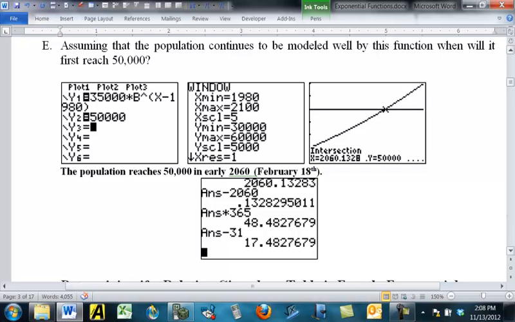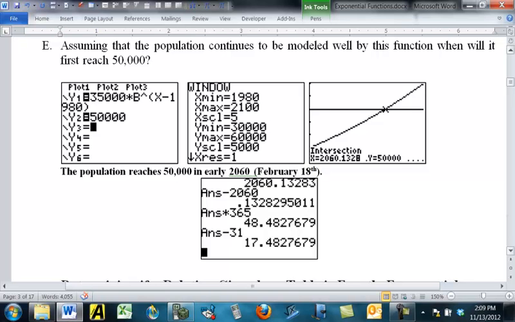So the way to do this on the calculator is to let y2 be the y value you're trying to reach, 50,000. When you hit graph, that's going to graph a horizontal line. I think I had to adjust the window a little bit here, trial and error, till I found the intersection point. And then I get the population reaches 50,000 when the year is 2060 point something.